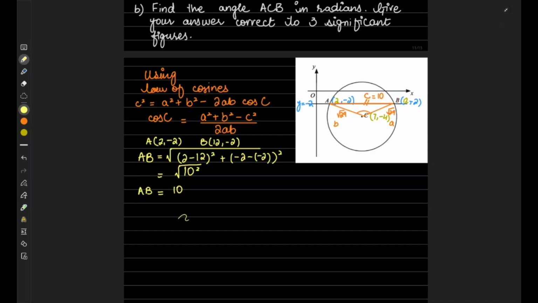We will be getting cos C equals A, that is root 29 square. B is also root 29 because both are radii of the same circle. Minus C square means minus 10 square over 2 times root 29 times root 29.